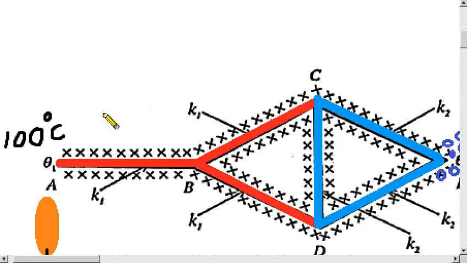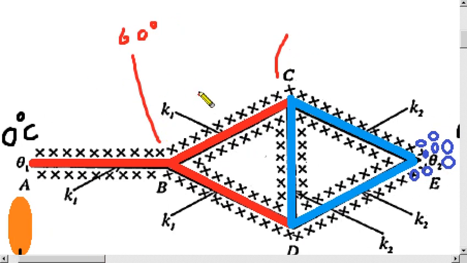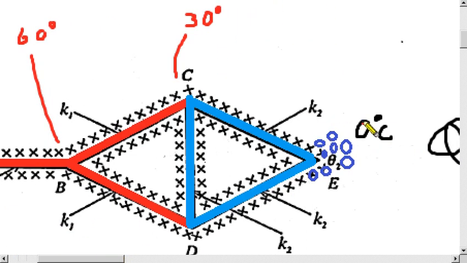There are 100 degrees. So here suppose the temperature is 60, and here the temperature must be less than that, because little by little temperature is decreasing down to this side. Suppose here the temperature is 30, and here finally 0.